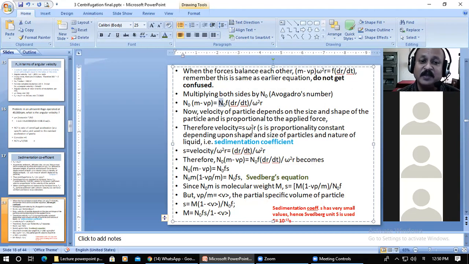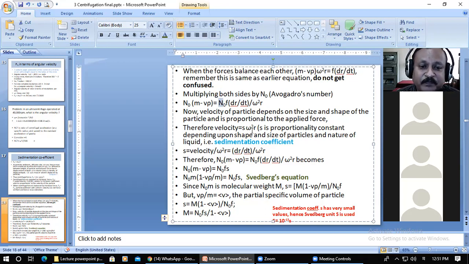But that velocity is also dependent upon the size and shape of the particle. If it is a perfectly sphere shaped particle, then it will have some velocity. But if the shape is deviating from the sphere, then it will probably have a different velocity. And that will also be based upon the frictional coefficient, or the frictional force which it encounters in the medium.